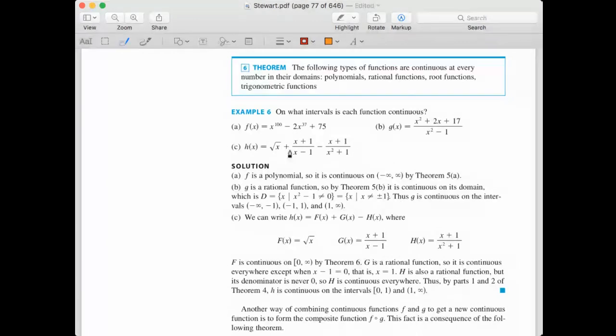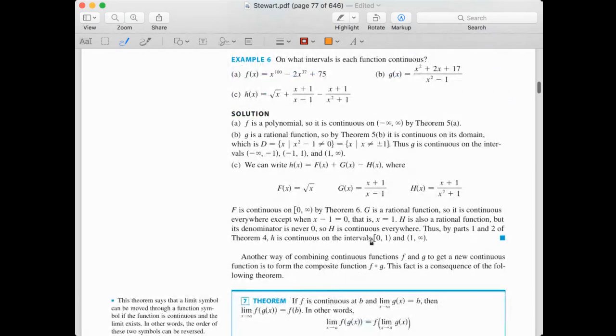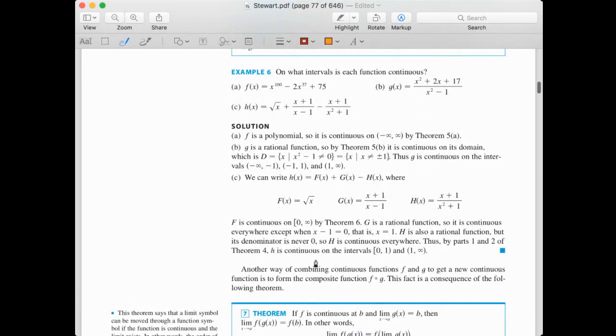So we just put all those together and give a notation. We could use this notation. This is h. h is continuous from 0 up to 1, including 0, excluding 1, union, excluding 1, up to infinity.